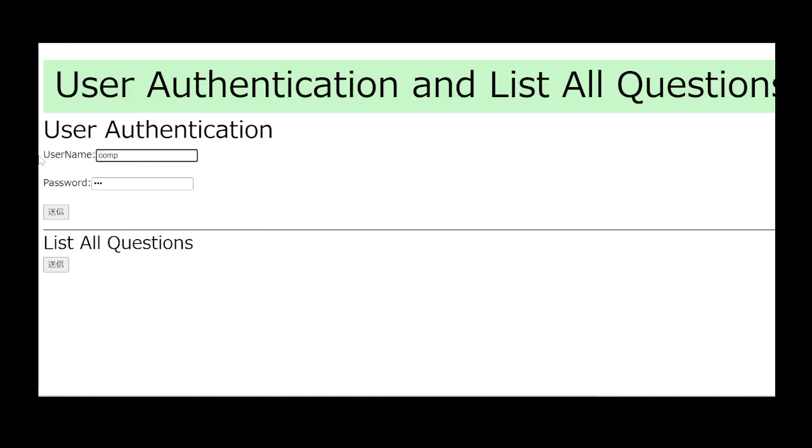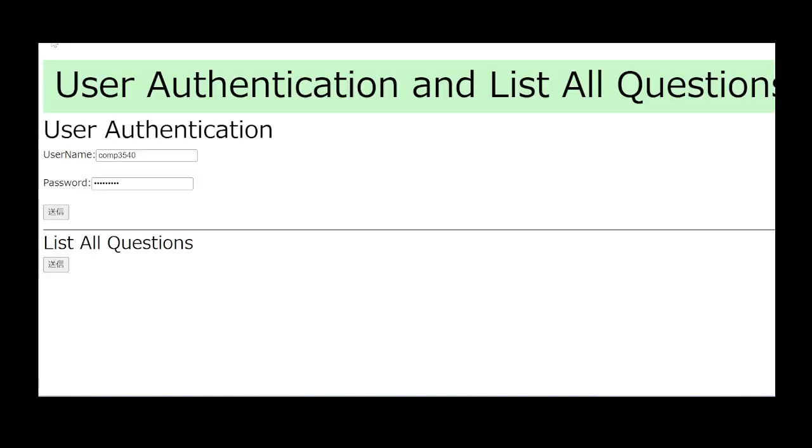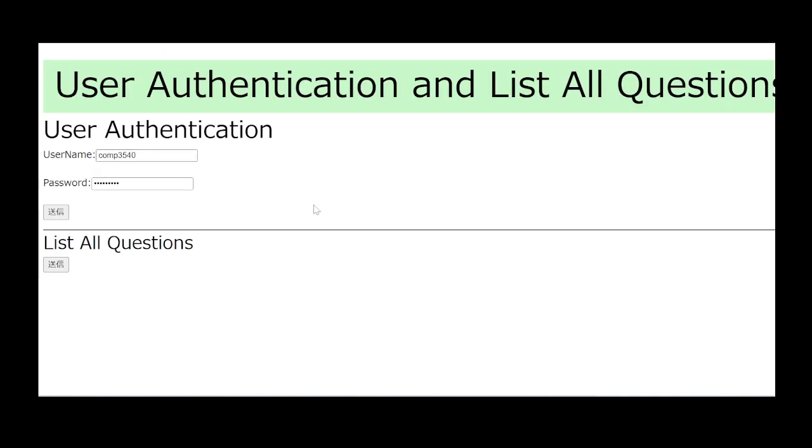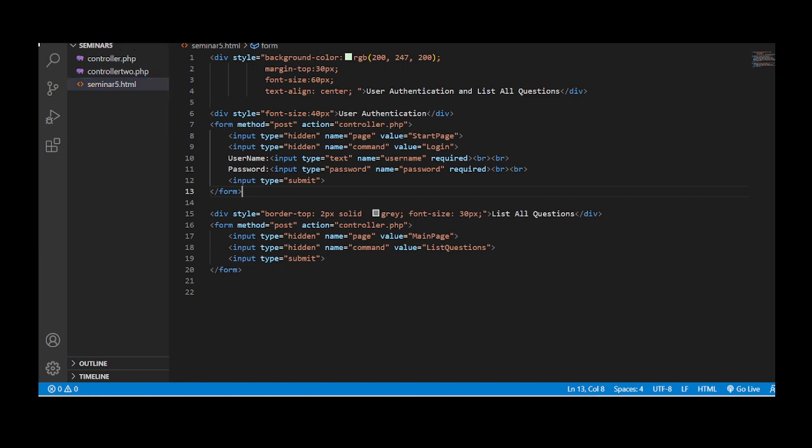If you have the correct username and correct password, you get valid. Then, list all questions. If you submit, you get this table. So this is what it does with this code.